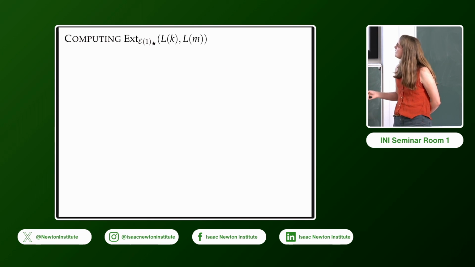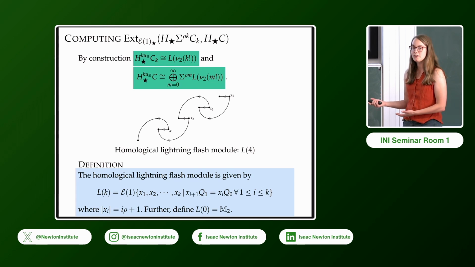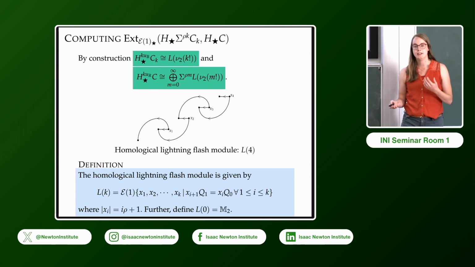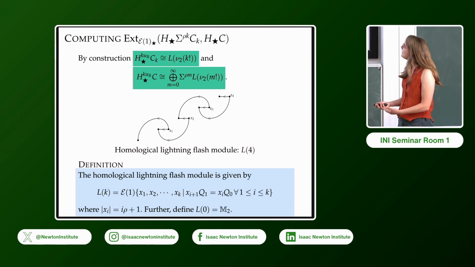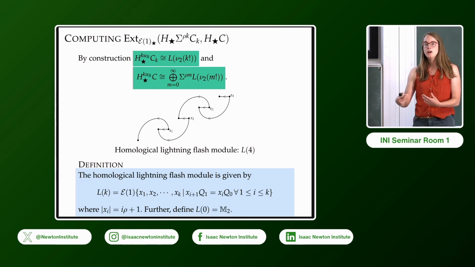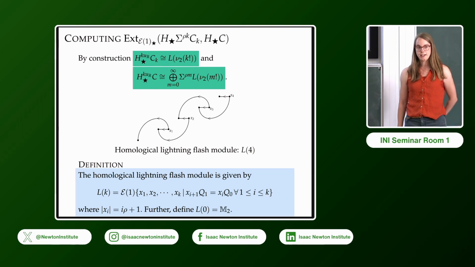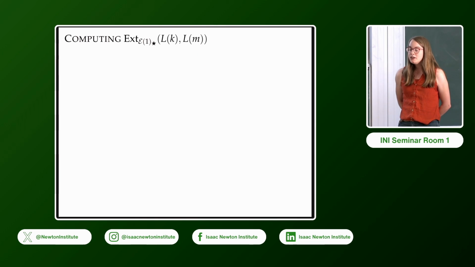So given that the homology of the spectra we are interested in decomposes into these lightning flash modules, to compute this E2 page, it's going to be sufficient to be able to compute Ext over E of 1 of all these various length lightning flash modules. So that's what we'll do next.